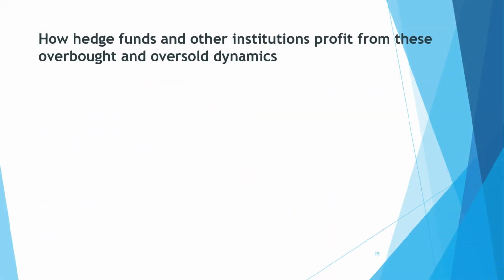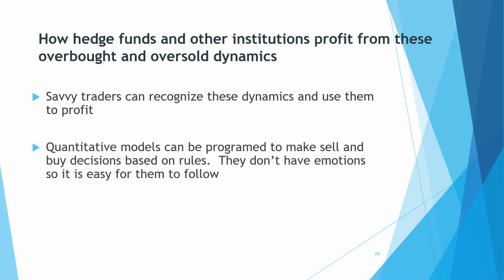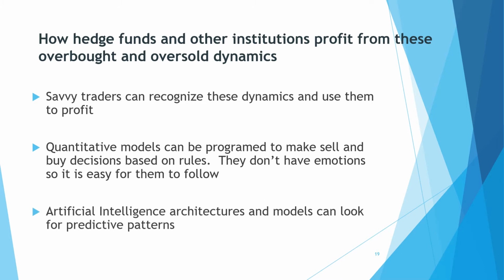All right, so these are obviously well-known dynamics in the markets. Traders such as myself look at these things. A lot of this is just being done by quantitative modeling, artificial intelligence things. So that's most of what runs the equities markets today.